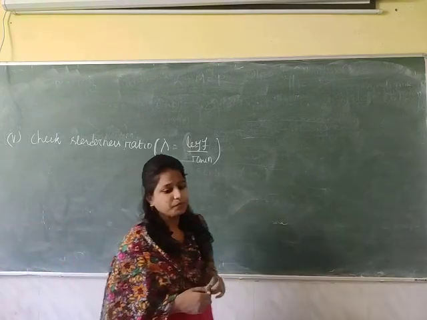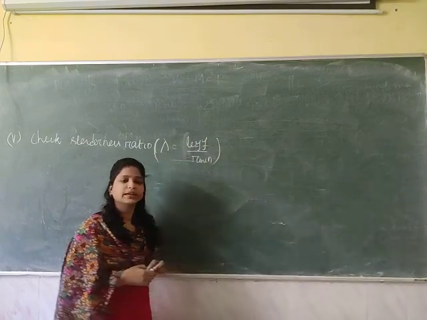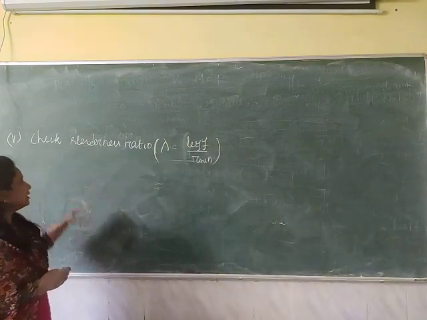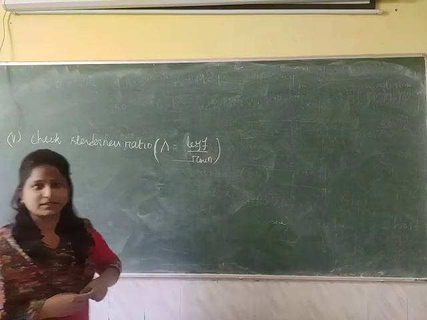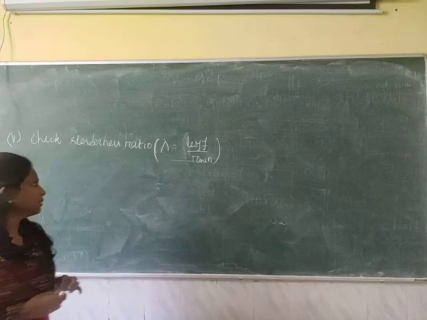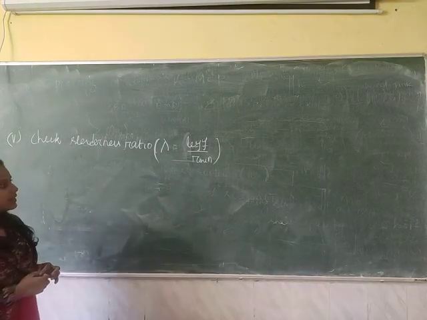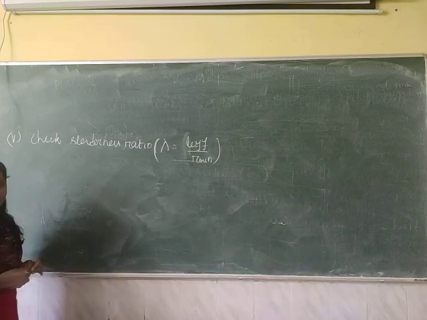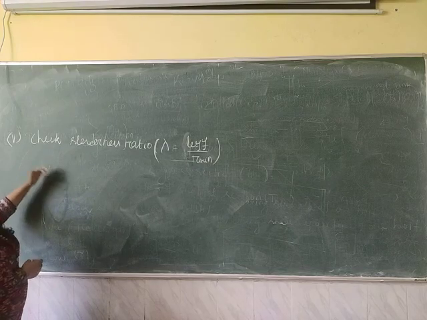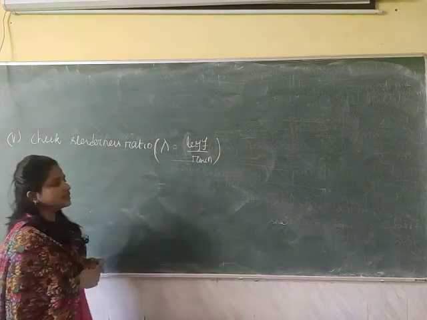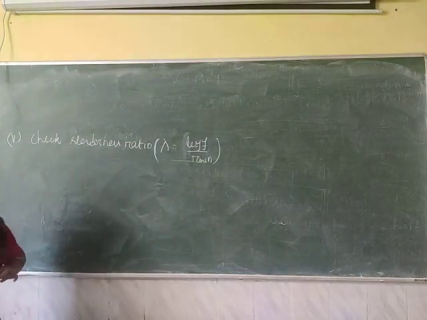IS code restricts the value of the slenderness ratio in the tension member due to the reversal stress conditions. That means the tension member, due to any accidental case or any reversal stress condition, may undergo compressive force. So for the safer side, we have to check the slenderness ratio and design according to that.